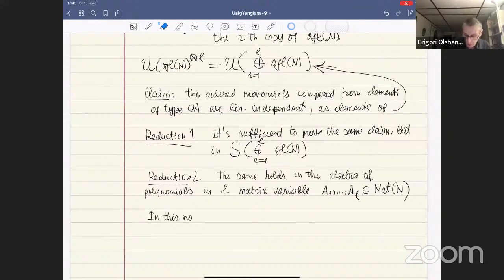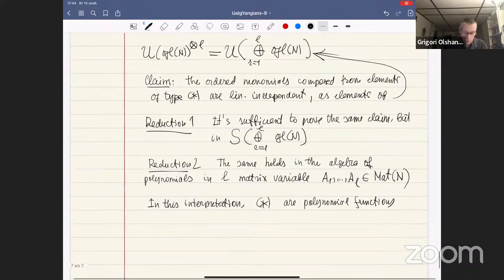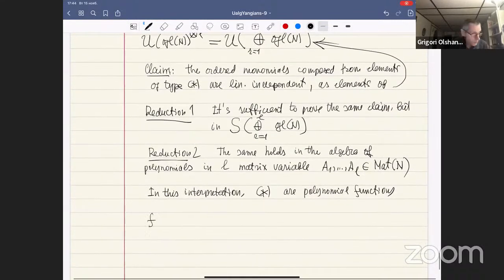In this interpretation, these elements as polynomials are polynomial functions of the following type.